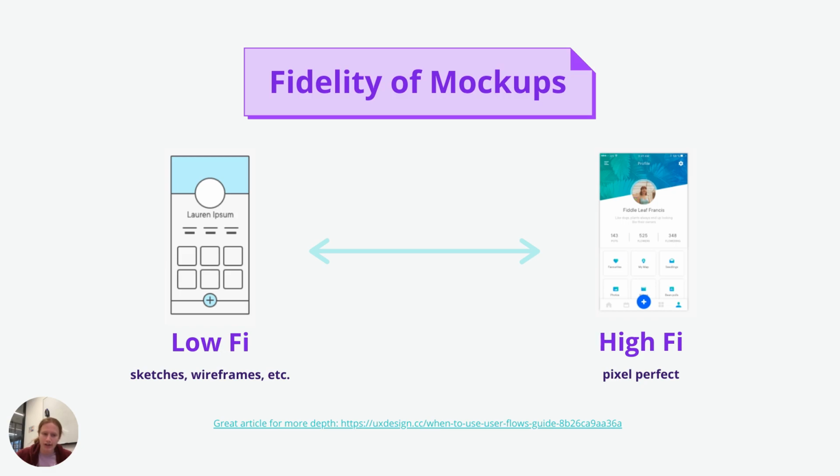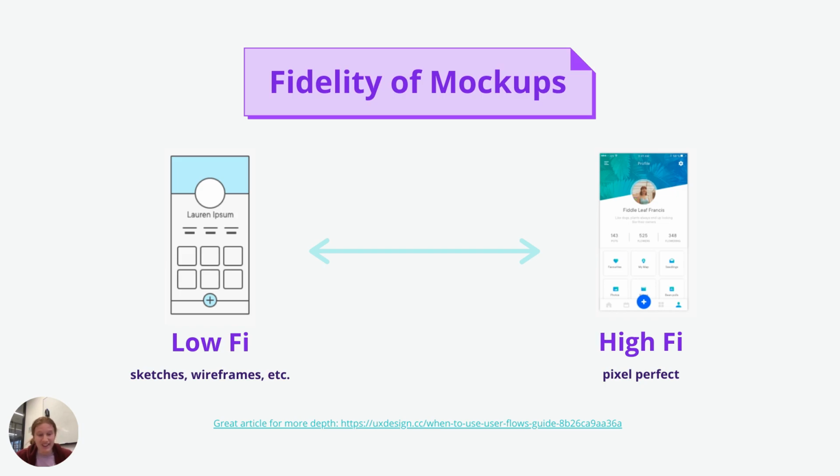Then we have high fidelity mockups, and these are pixel perfect designs that a professional visual user interface designer might make in Figma. Some people even argue that user stories where you're just writing text are the ultimate lo-fi mockups. I disagree with them because I think that a picture's worth 1,000 words, and a mockup just has that element of being so much more concise than a user story written in text. But everyone to their own opinion, really.